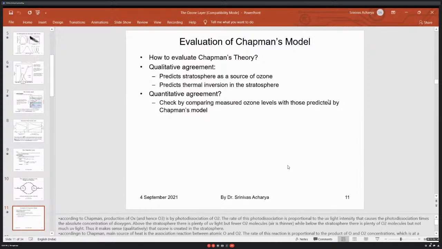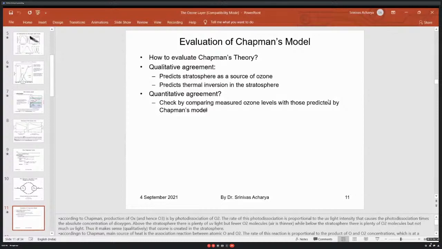So in the evaluation of the Chapman model, there are qualitative agreements to predict the stratospheric source of ozone, and it will also predict the thermal inversion in your stratosphere, which I have now discussed. And for quantitative agreement, we check by comparing measured ozone levels with those predicted by the Chapman model.